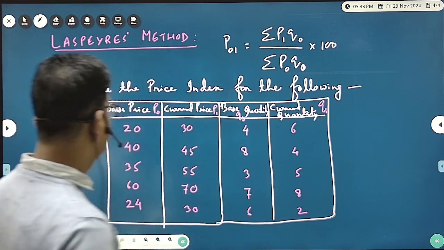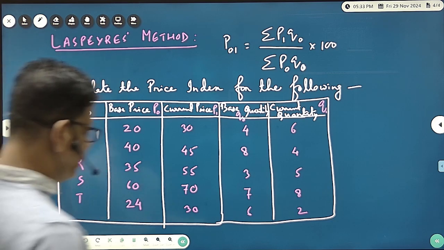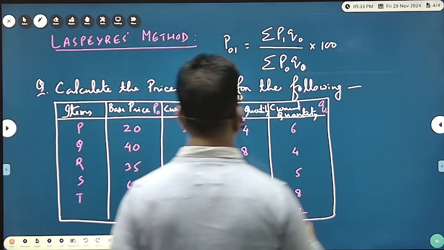So this is the table. I'm trying to differentiate the Laspeyres method and the other method. Here the base quantity and current quantity are both given along with base price and current price. Could you understand? Okay.